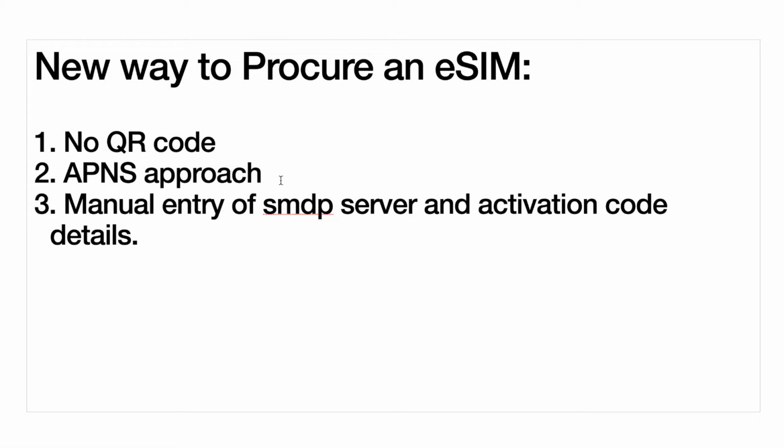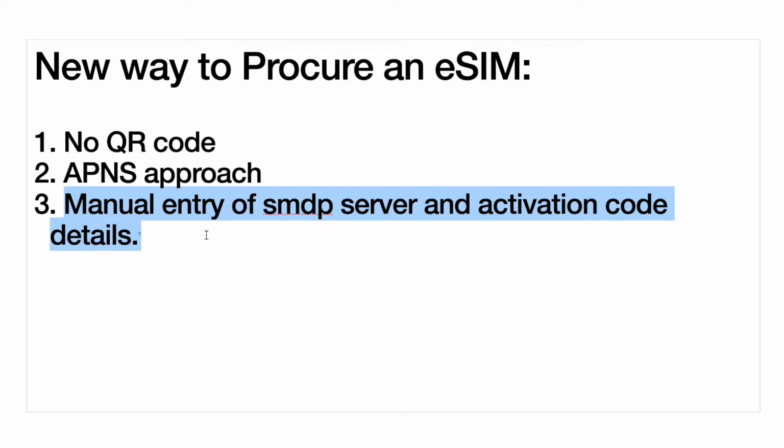This is one big difference in procuring an eSIM. You can also use the older method to install an eSIM. That is still applicable for Jio users: if you visit the retail shop, I think they still give you the SMTP server details and the activation code, which you have to enter in the settings.